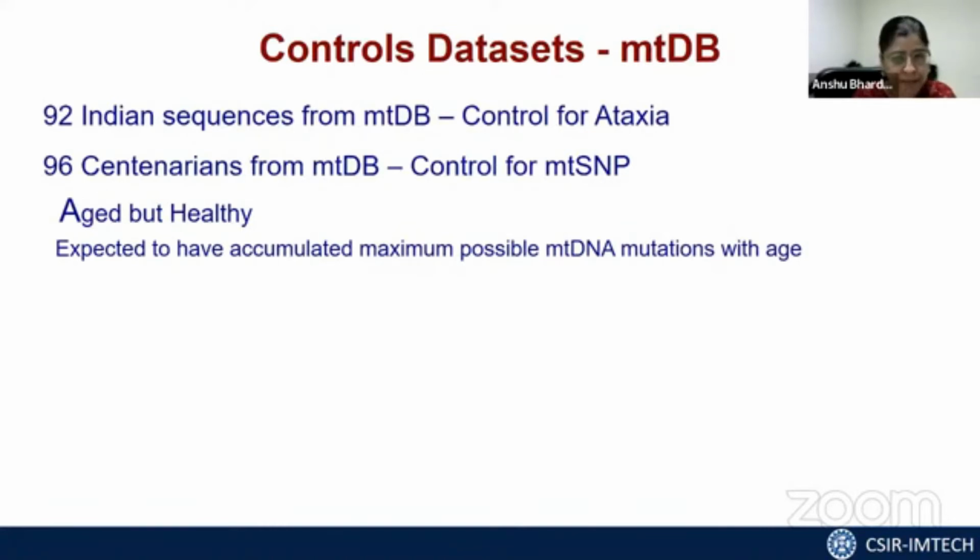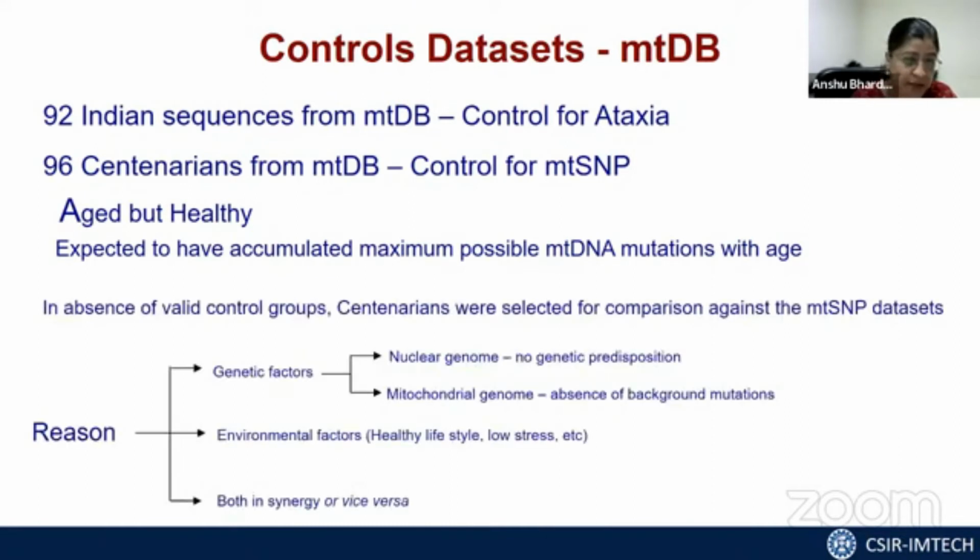For Indian ataxia patients, we used the Indian normal data. For Japanese disease individuals, we used Japanese centenarians so that the background variation effect is not there. And centenarians were an extremely good control set because these are people who were 100 years old and absolutely healthy, which means any mutation in these individuals might not be causing the disease by themselves.